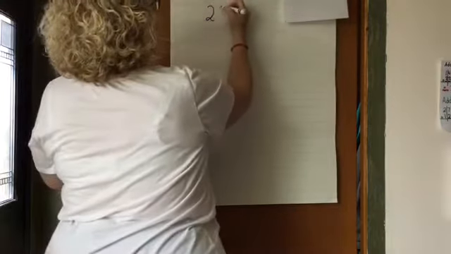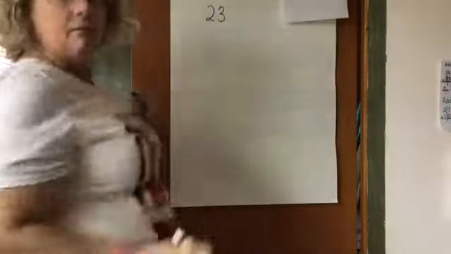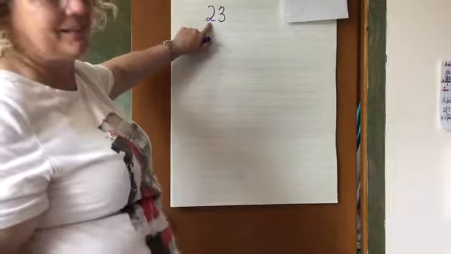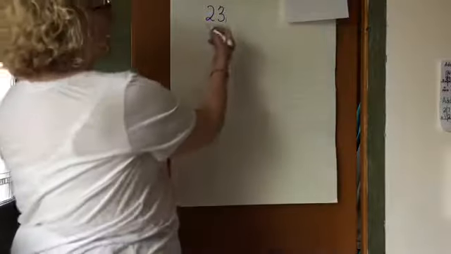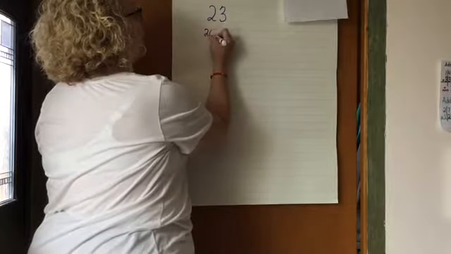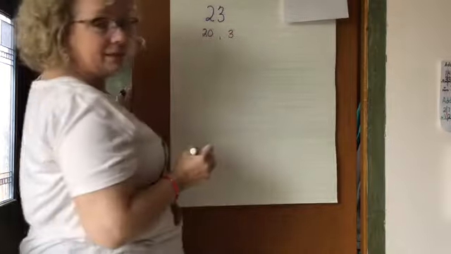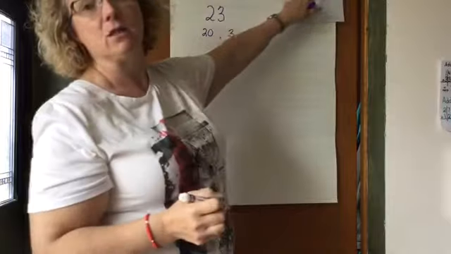Unless I put a 3 beside it, now I know that this is 2 tens and 3 ones. I could think of it like a 20, 2 tens, and 3 ones. That would be another thing on this list called expanded form.